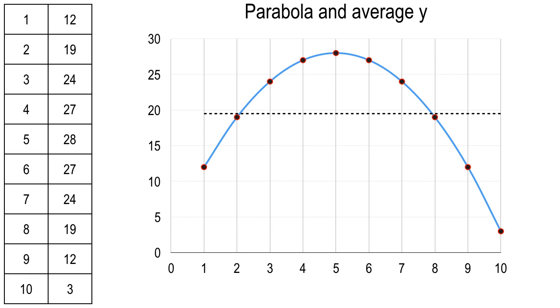Anyways, here's the parabola, and it's a function. I just made it up. Y equals minus x minus 5 quantity squared plus 28, I think, something like that for the formula. The horizontal dashed line is the actual average value of y.